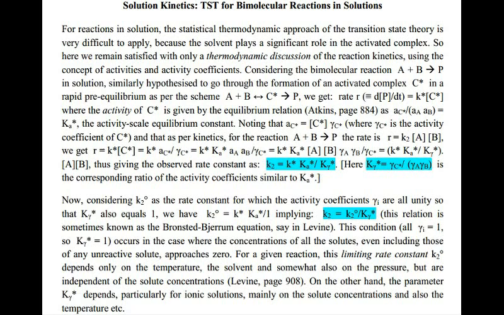But also the concentration of any unreactive solute, which is not taking part in the reaction A plus B giving products, matters, because the activity coefficient will depend on that also.